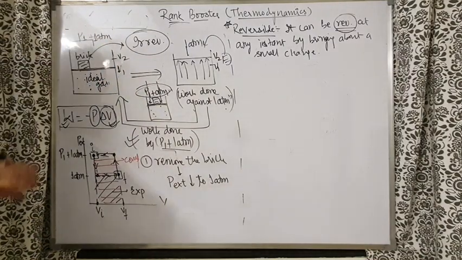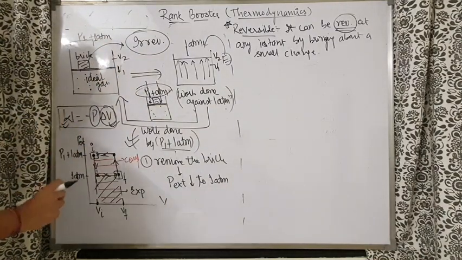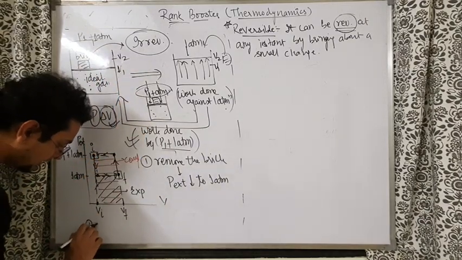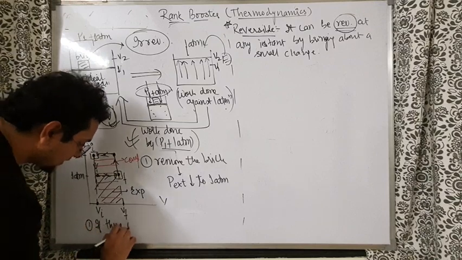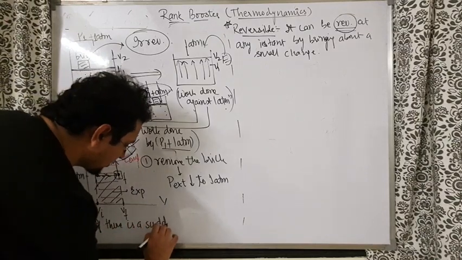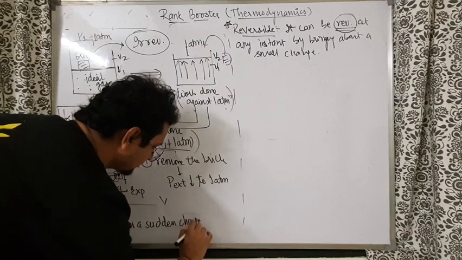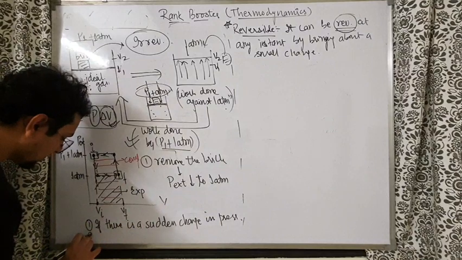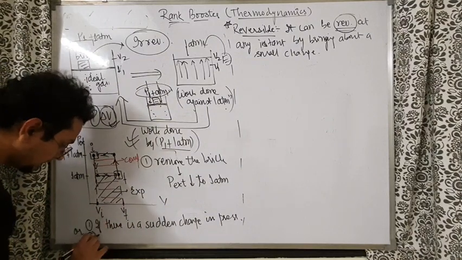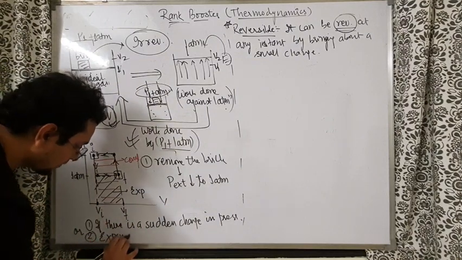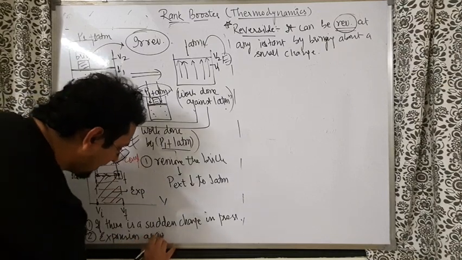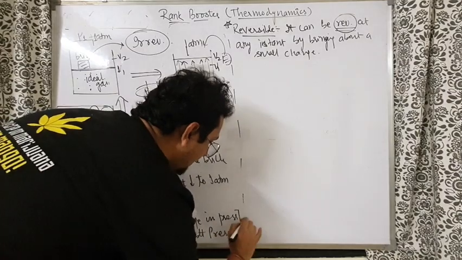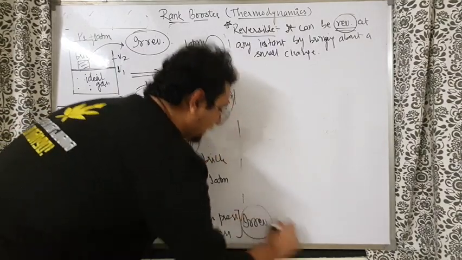Now, if this comes in the examination, how to identify? Listen carefully. Number 1, if there is a sudden change in pressure, or expansion is done against constant pressure, then you have to apply the irreversible formula.